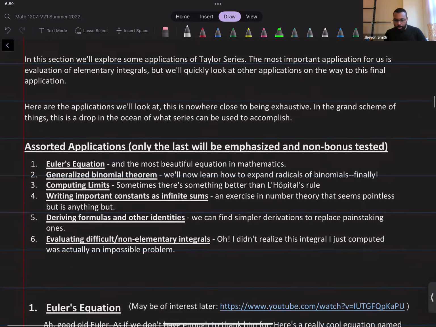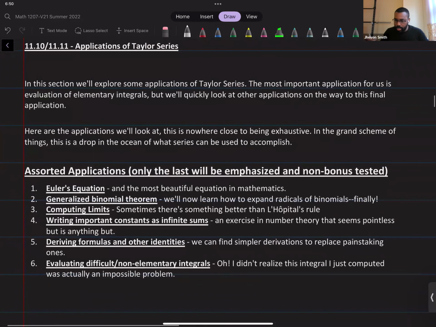So for us, by far, the most important application is application 6.